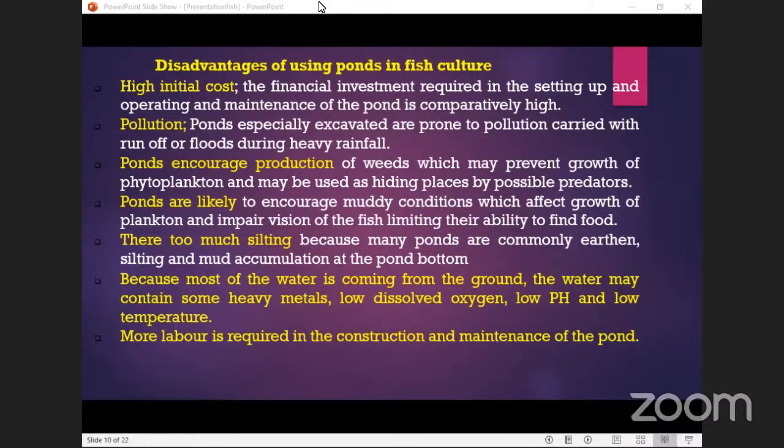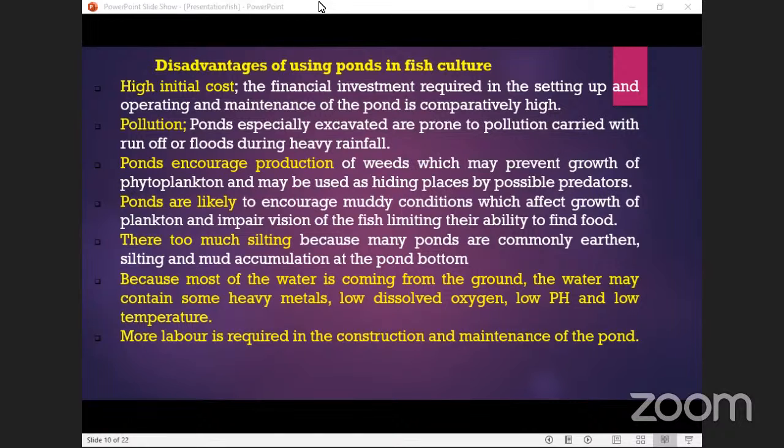All right, thank you. So at the initial stage, when you're just starting this project, it may look so costly in a way that buying materials to set up a pond compared to other enterprises. Pollution. Most of the farmers nowadays use chemicals such as herbicides, pesticides.